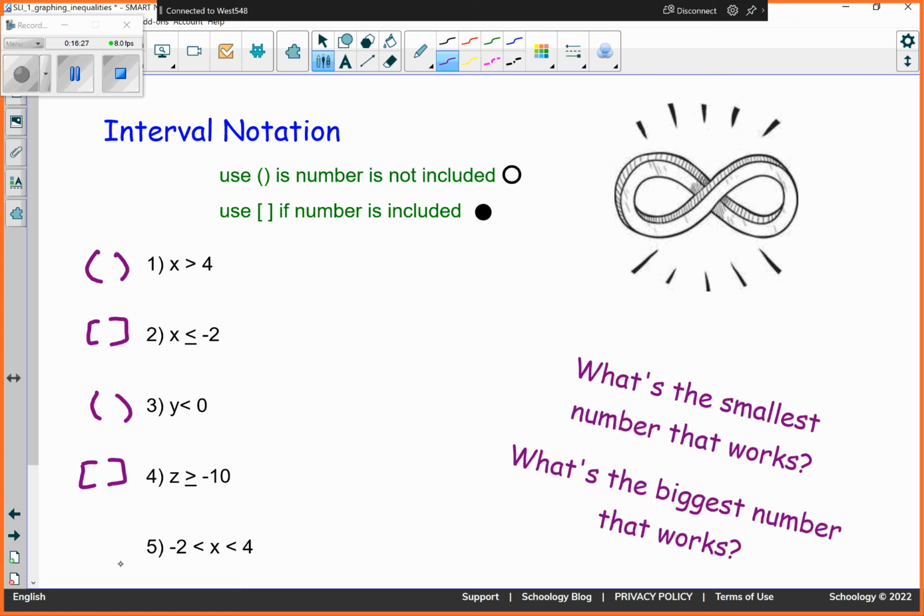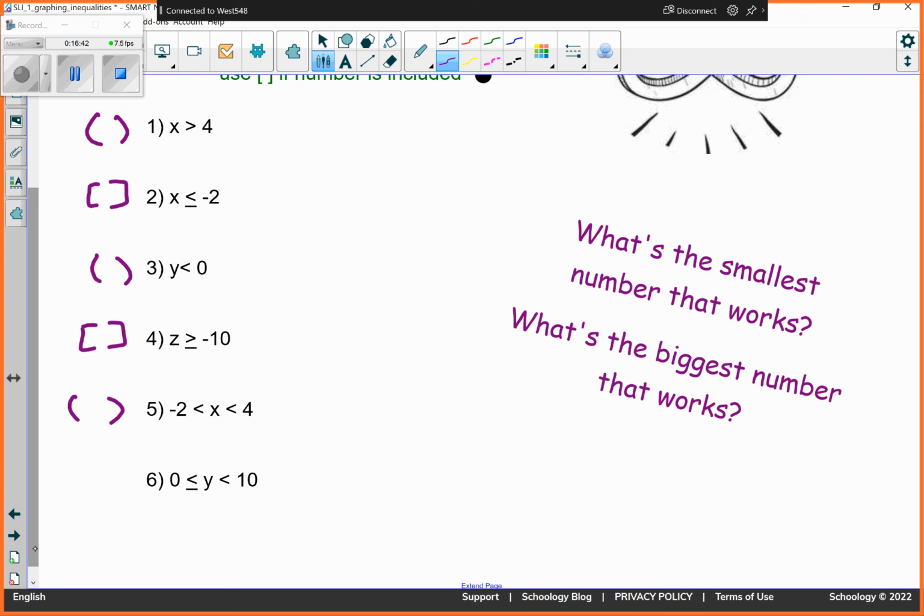All parentheses. Good. Number 5 is going to be a little goofier when we get there, but we'll manage, because it's less than or greater than. Oh, is there a 6 on there? I didn't realize that. Number 6, what do you think? One of each. Sorry. You're going to have one of each in some sort of order, but we're not sure what.